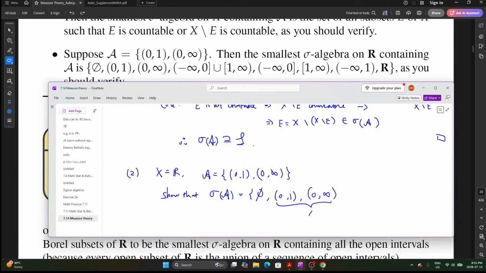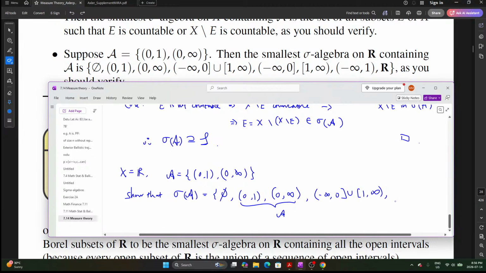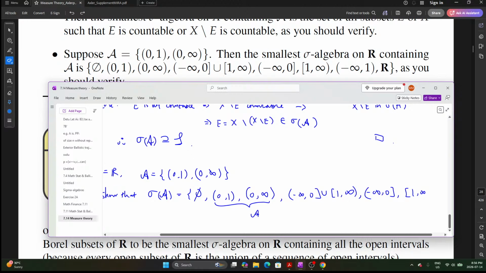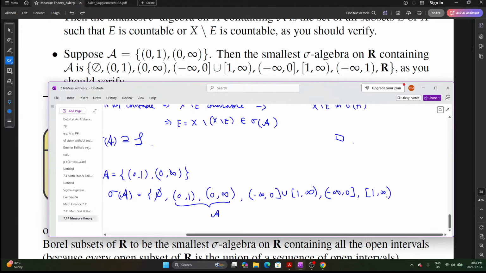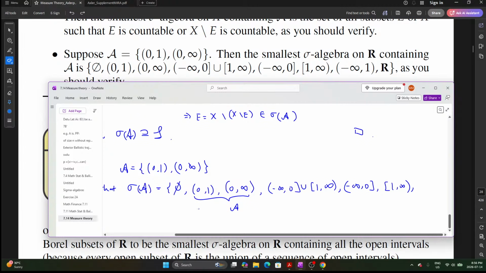So this is A. A sigma algebra generated by A, of course, contains A. And then you've got (minus infinity, 0) union (1, infinity), and (minus infinity, 0] itself, [1, infinity), and also you have (minus infinity, 1), and R itself.